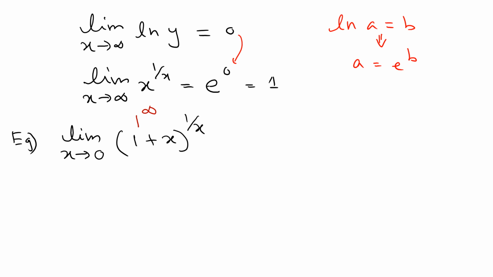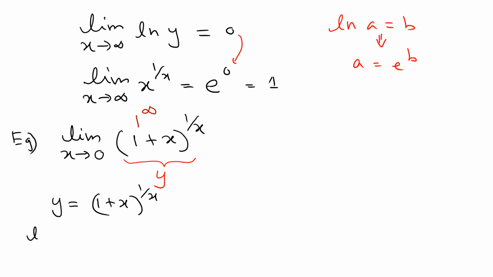As before, we take this part as y. So we say y equals 1 plus x to the 1 over x, and take ln of both sides.